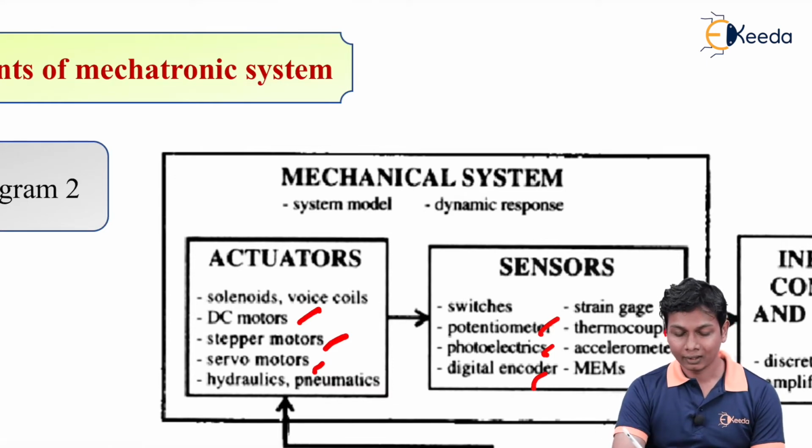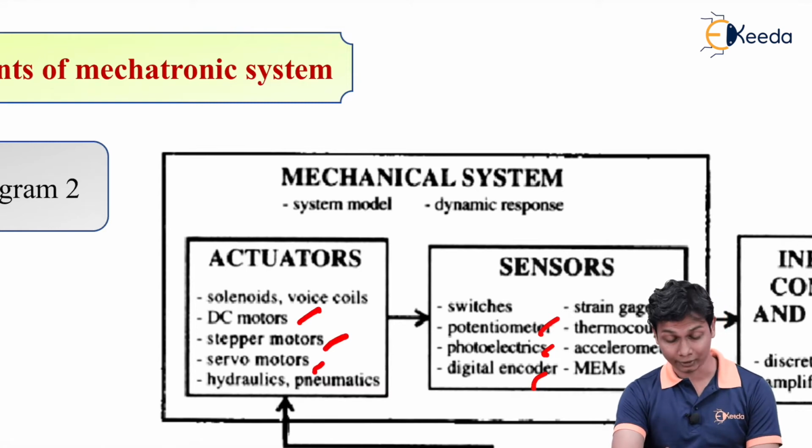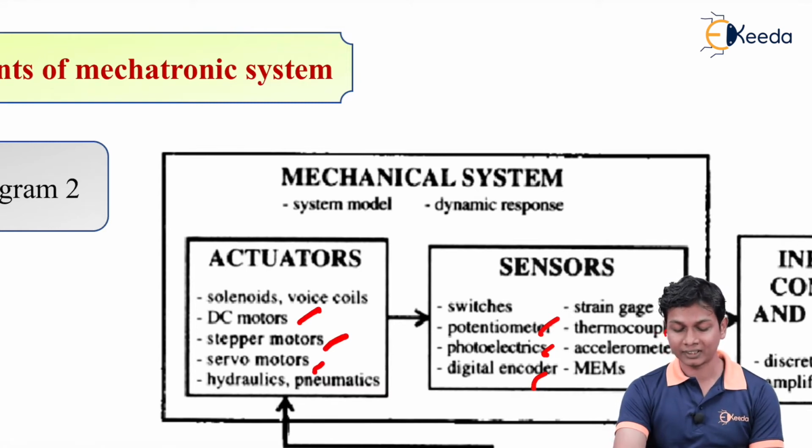So, sensors sense the physical parameters. In a thermocouple we consider temperature, in an accelerometer we consider acceleration, the potentiometer considers potential and the photoelectronics considers light. So, all the physical parameters are sensed by the sensors and it is connected with the actuators.